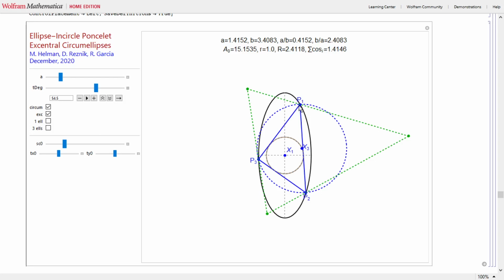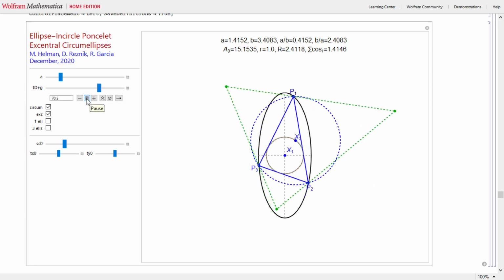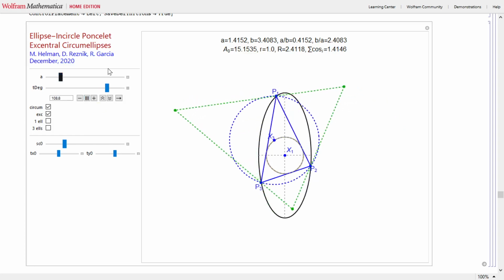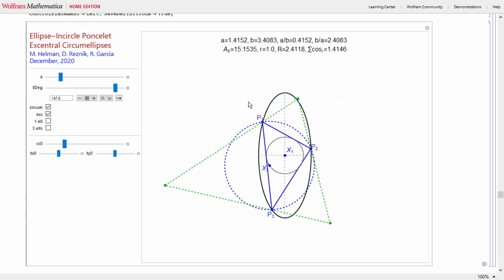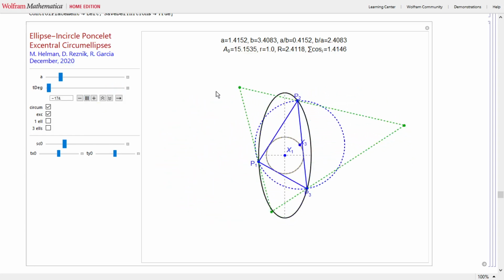So if you imagine a bisector at each one of the vertices P1, P2, P3 of a generic triangle, the excentral triangle shown here as dashed green has sides which are perpendicular to each one of the bisectors. So I can watch that family. The three green dots, the vertices of the excentral triangle, are known as the excenters.